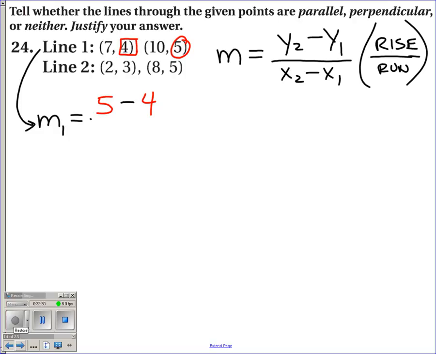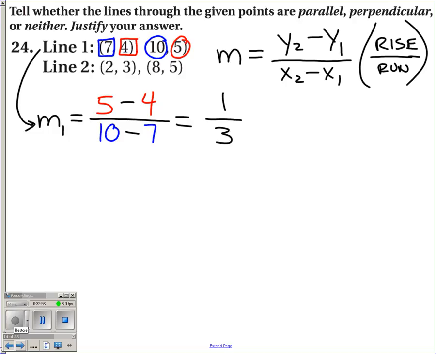All of this is divided by, well, I've got to get x2, that's 10, minus my x sub 1, and that is the 7. So when we simplify both numerator and denominator, 5 minus 4, that's 1. 10 minus 7 is 3.